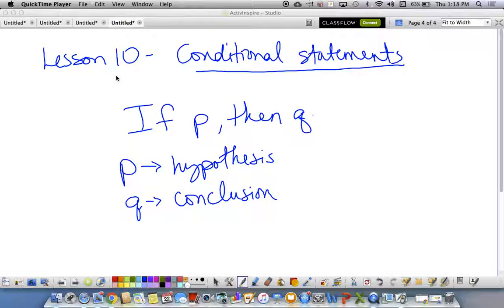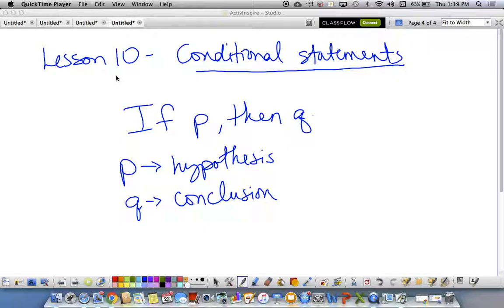A warning. Do you see these warnings in the Bible? If you behave badly, if you do this, this, and this, then something bad will happen. I like the good ones. If you do these good things, if you follow my laws, if you follow my teachings, then good things will happen.